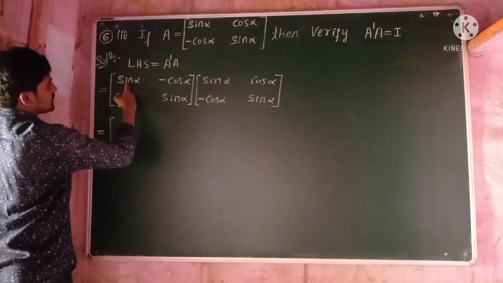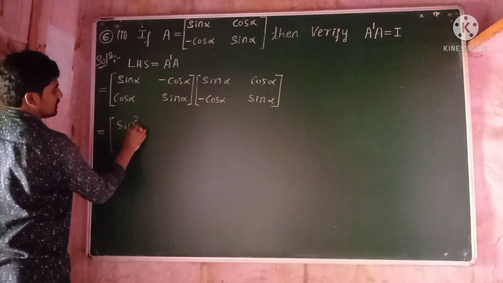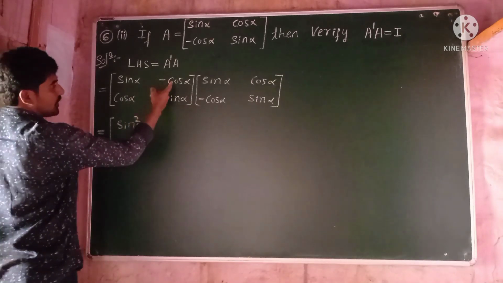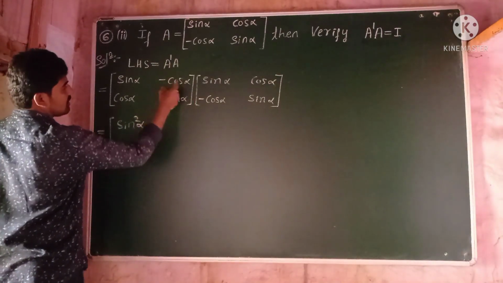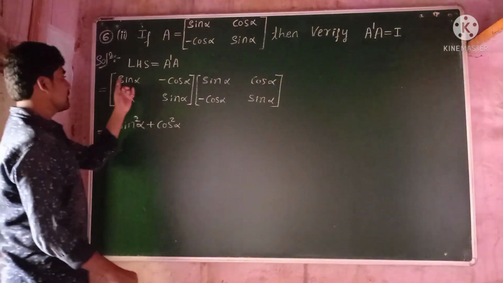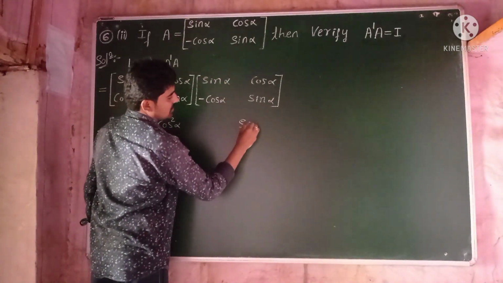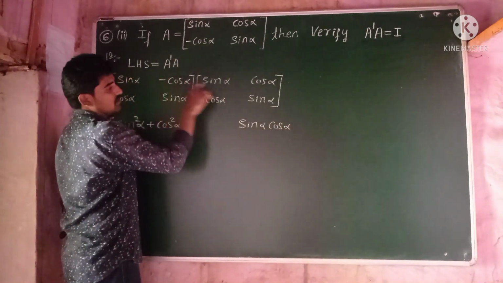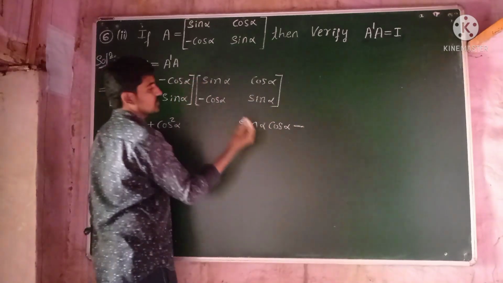First row, first column, sin alpha into sin alpha, sin square alpha, minus cos alpha into minus cos alpha, minus into minus plus, cos square alpha. First row, second column, sin alpha into cos alpha, minus cos alpha into sin alpha, minus sin alpha into cos alpha.